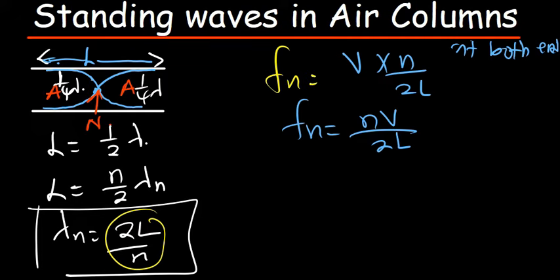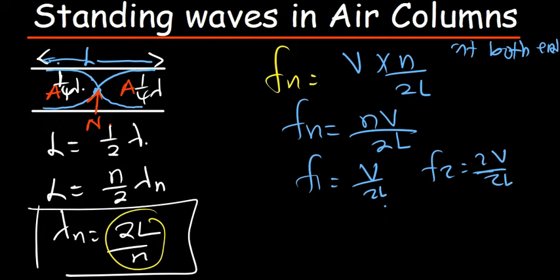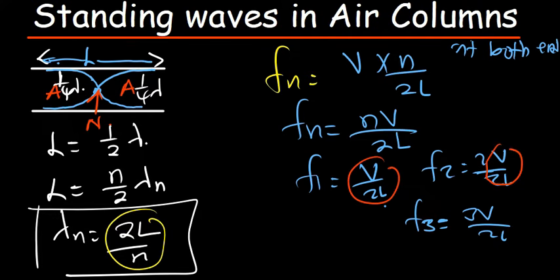So if n is equal to 1, we'll have 1 times V, which is V divided by 2L. If n is equal to 2, we'll have 2V divided by 2L. If n is equal to 3, we'll have 3V divided by 2L. So I want you to see the trend which is happening there. V over 2L, V over 2L, V over 2L.